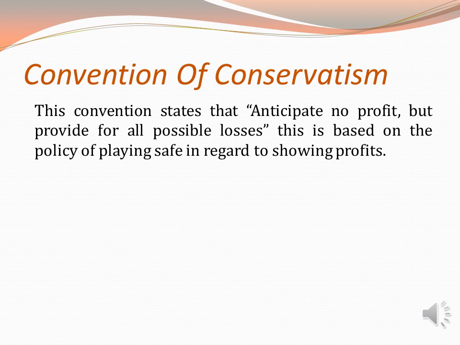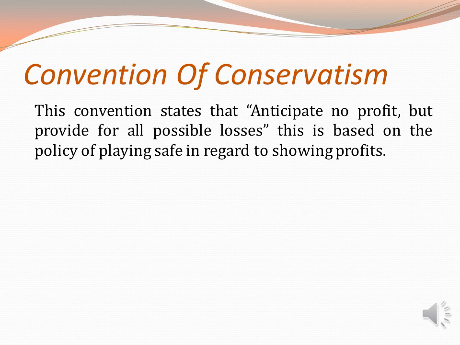Next convention is convention of conservatism or prudence. It is a policy of playing safe, or it safeguards a business concern from all kinds of possible losses, or it is considered as a risk proof jacket for a business concern.